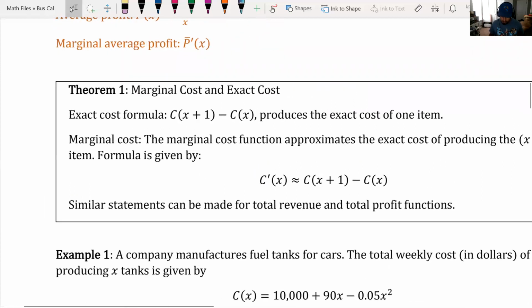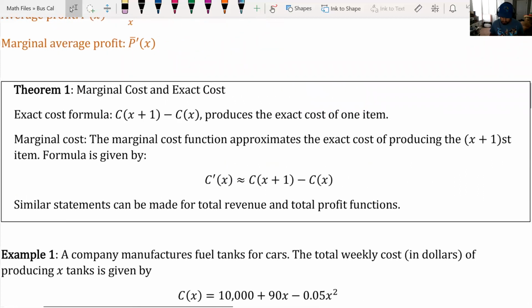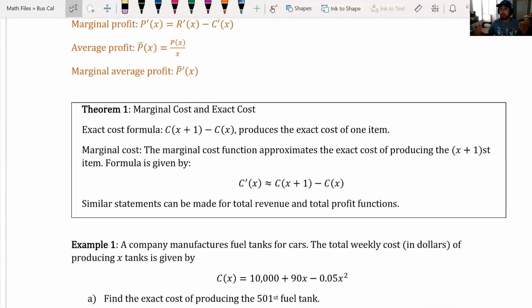All right, the first theorem we come across is marginal cost and exact cost. The exact cost formula: let's say you want to find the exact cost of one item.